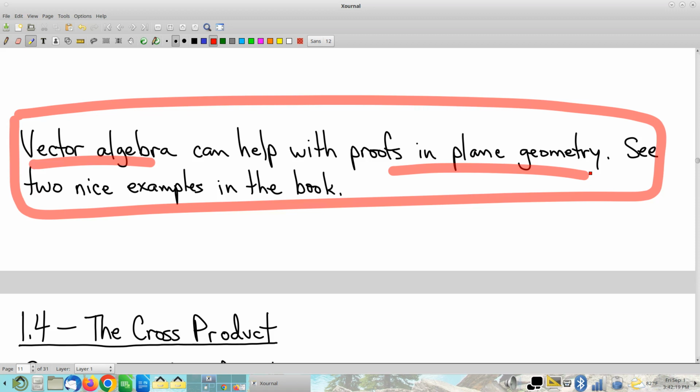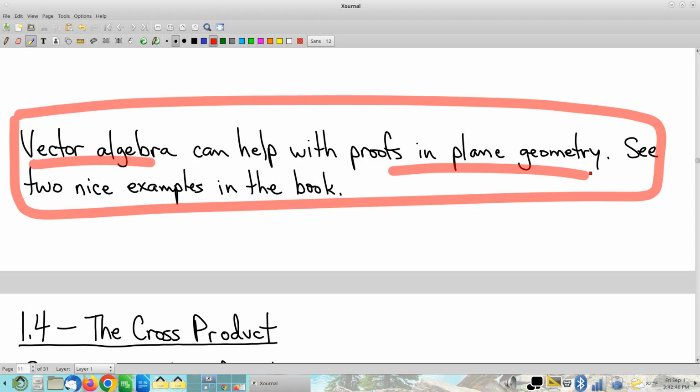There is at least one exercise in the homework. I forget exactly. There may be two. I can't remember. But there's at least one exercise in the homework that will use these ideas of how the sums and differences of vectors allow you to prove certain cool facts about quadrilaterals and parallelograms, stuff like that. So take a look at those examples in the book. Be prepared to use those ideas in that homework exercise.